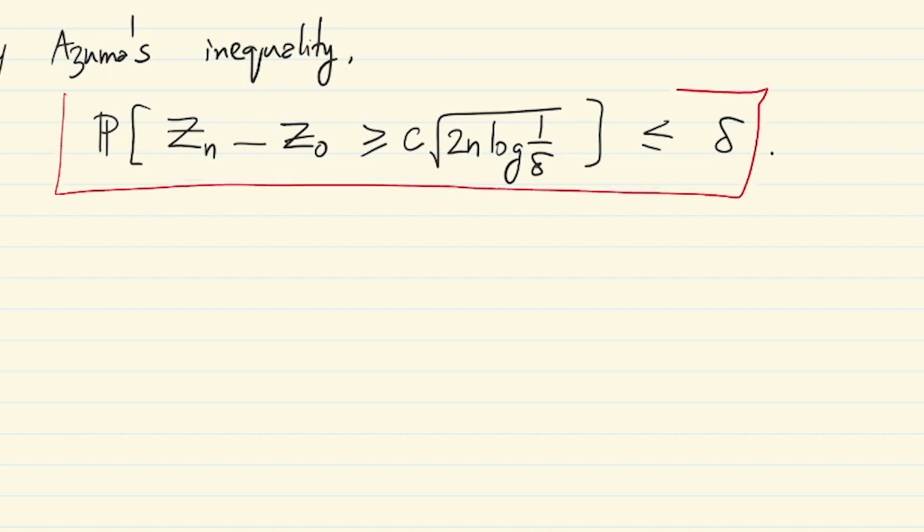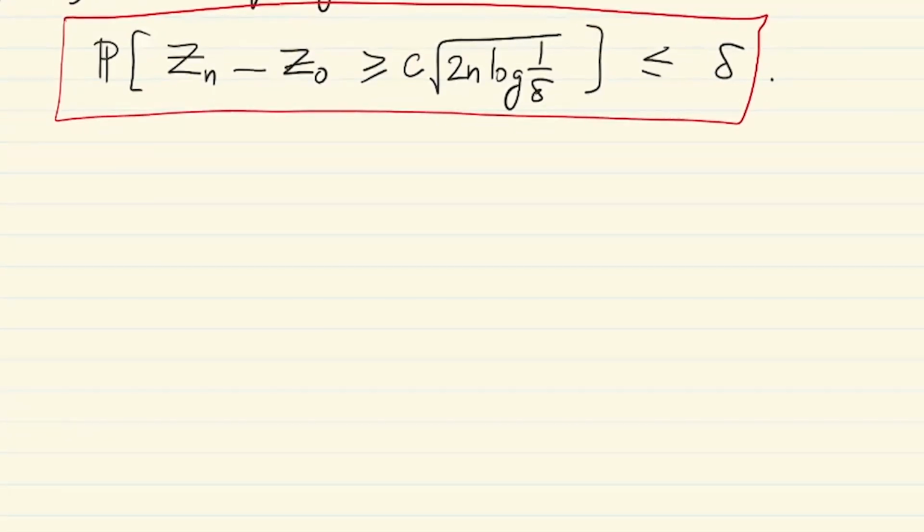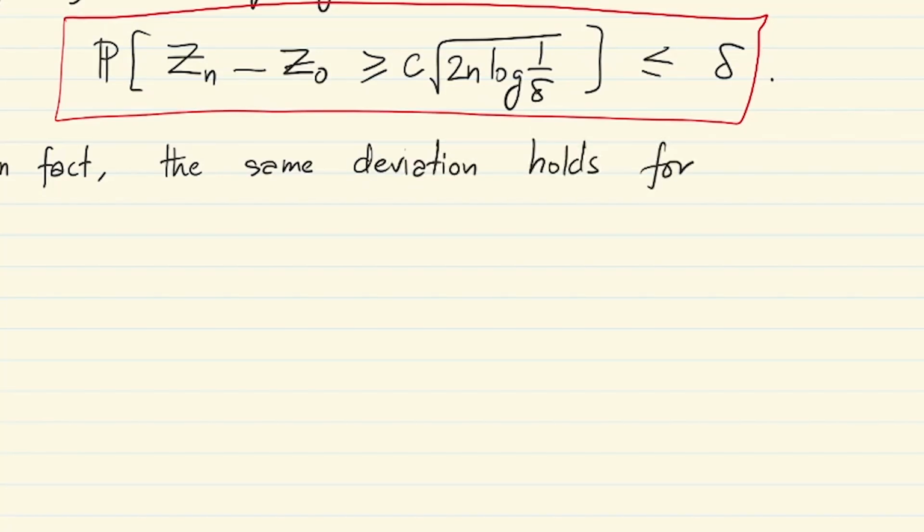In fact, something much stronger can be said about the fluctuations of the same martingale Z0, Z1 all the way up to Zn as a stochastic process by using something called Doob's inequality. So let me put that down here. In fact, the same deviation bound holds for the quantity which is the largest possible deviation of any of the martingale terms.